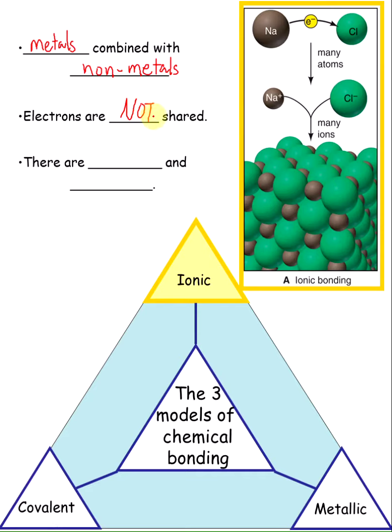They're not shared because we have ionic interactions. This is because there are cations and then there are anions. And remember, those cations are positively charged. You can think about that T in the center, it looks like a plus sign, and then the anions are negative.